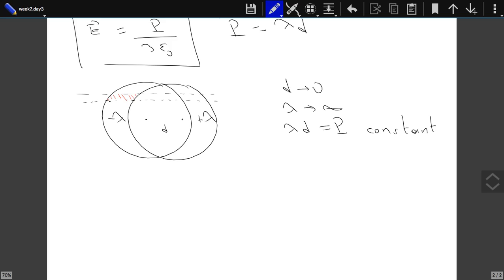What is the total charge of that segment? So that will be my question. What is the charge of that segment? Okay, first of all, what is the width of that segment?